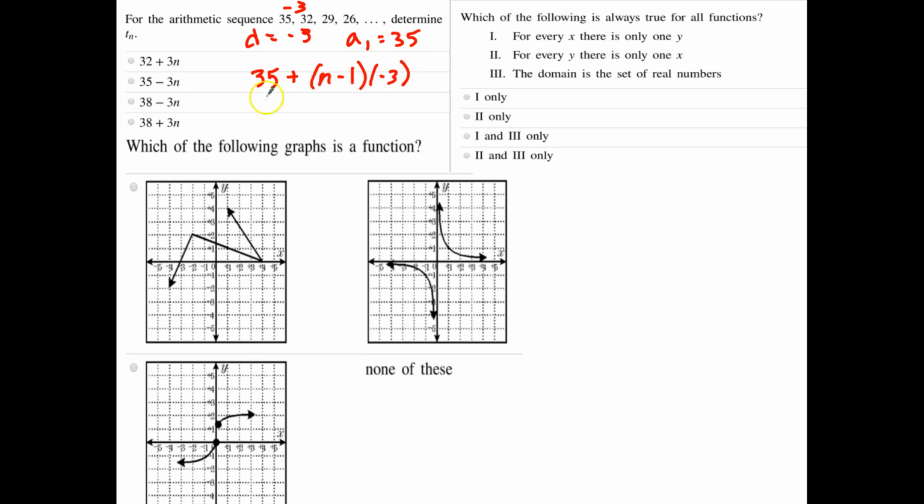And then we distribute, and we get 35 minus 3n plus 3. Combine like terms, negative 3n plus 38.